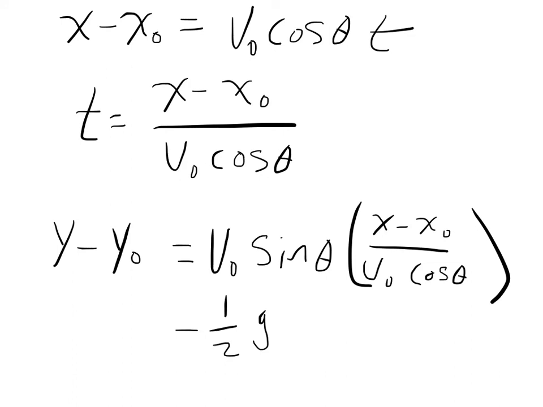G times x minus x naught over v naught cosine theta quantity squared, right? Okay.